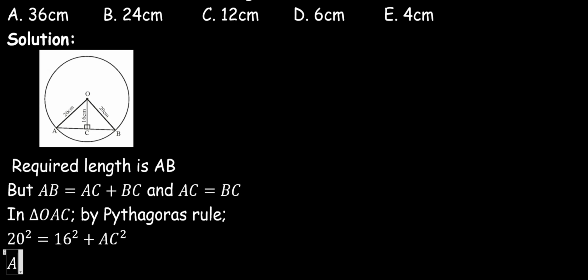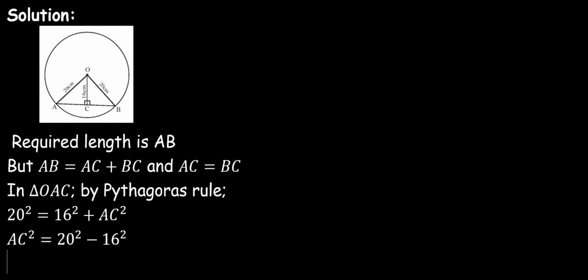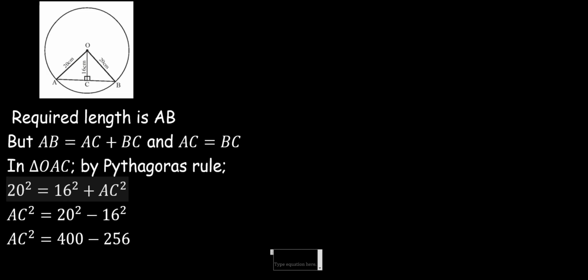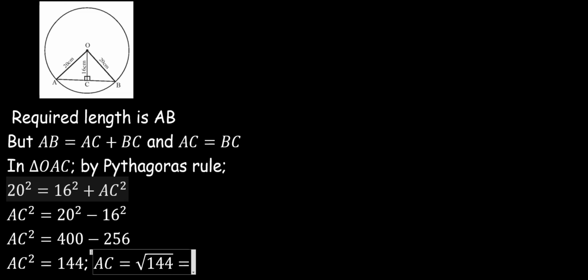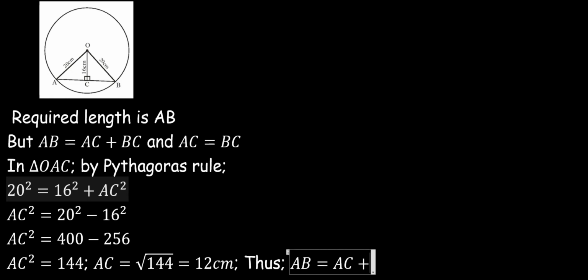Making AC squared the subject of formula, AC squared will be equal to 20 squared minus 16 squared, which is 400 minus 256. Thus, AC squared will be equal to 144. From here, AC is equal to the square root of 144, which is 12 cm. Thus, AB, which is equal to AC plus BC, implies 12 plus 12, which is 24 cm.